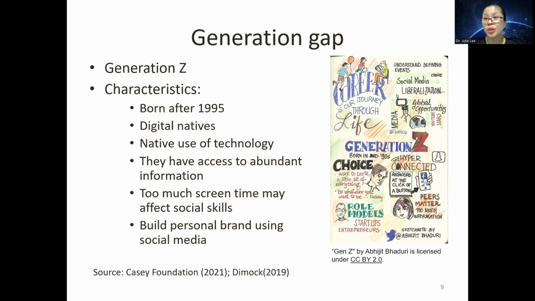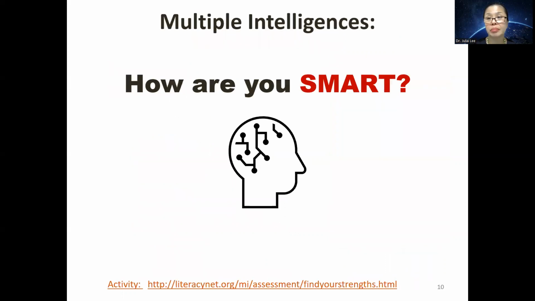They are digital natives, perhaps unlike us, and they're very native in the use of technology. They have access to abundant information. They have a lot of screen time, and too much screen time may actually affect their social skills, and they're more inclined to build their personal brand using social media.